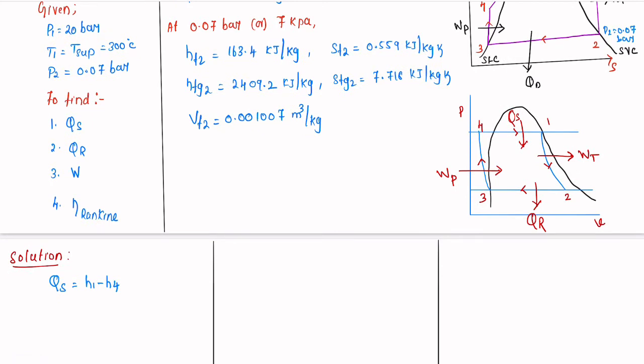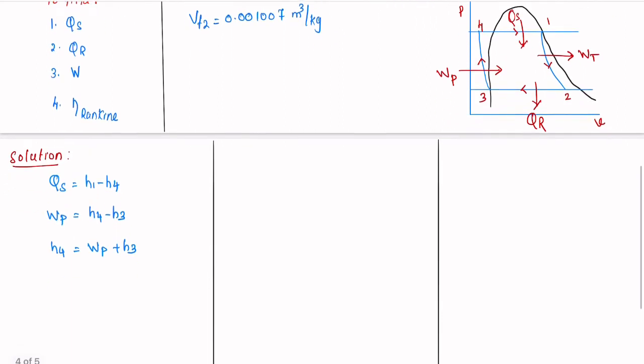Now the pump work WP is equal to H4 minus H3. From this, the value of H4 can be calculated. H4 will be equal to WP plus H3.